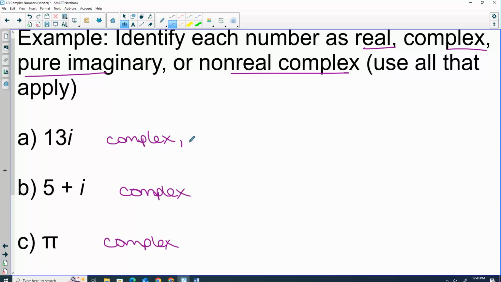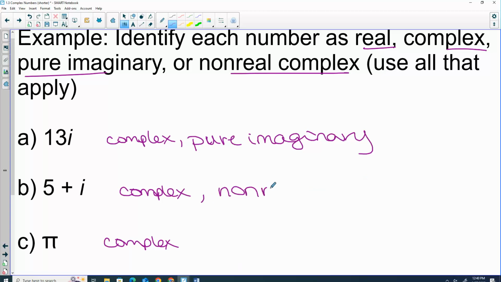So what would 13i be? Pure imaginary. It doesn't have a real number added to it. What about 5 plus i?